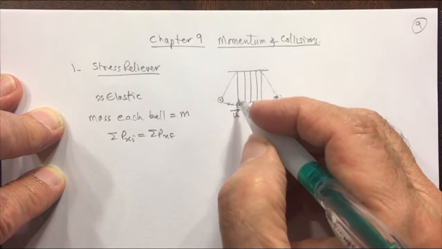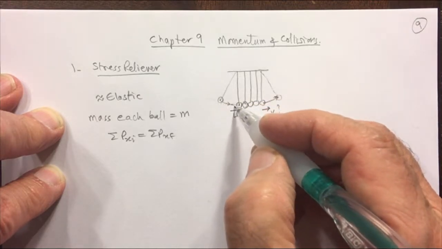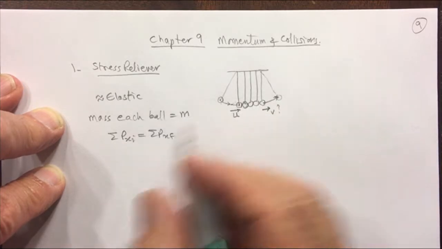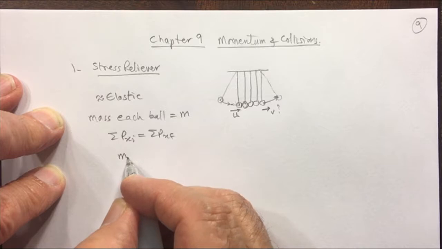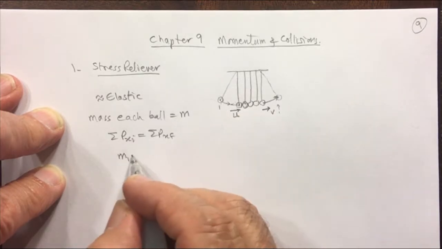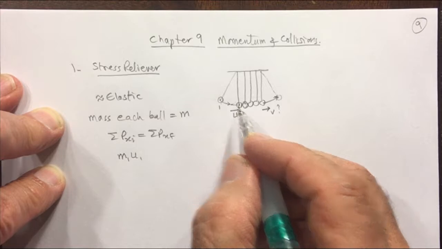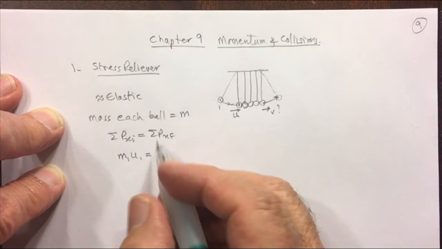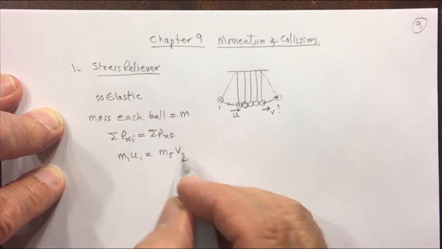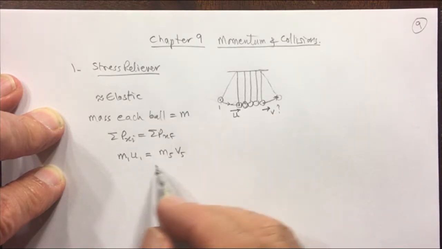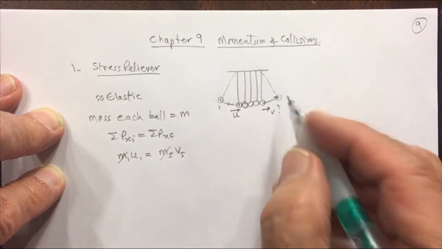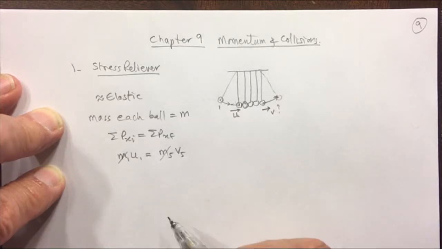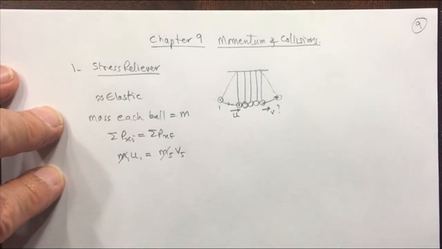There's motion in the y direction as it's coming down, but in this part it's horizontal. So this is going to be m1 u1, the speed with which it hits, and on the other side, with the balls numbered 1, 2, 3, 4, 5, it's m5 times v5. Because the masses are all equal, this ball leaves off with the same speed u that we get from the momentum conservation.